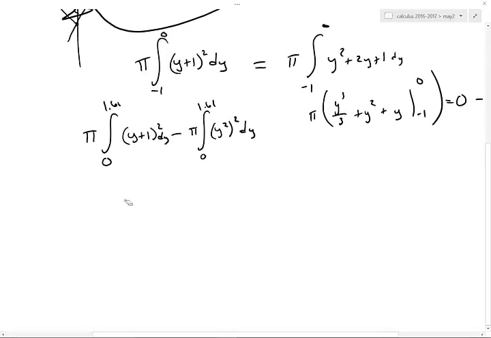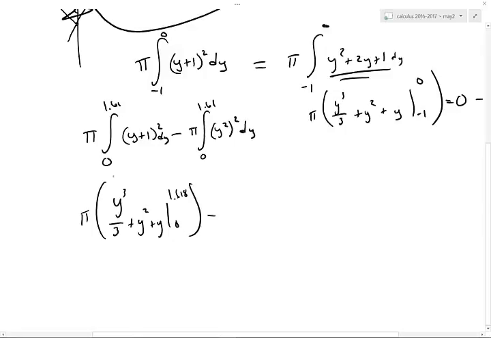But listen, it's going to be the same antiderivative, is it not? That piece is the same. So I'm just going to go ahead and cheat and use it because I feel like it. That's after I antidifferentiate. So from 0 to 1.618 or whatever it was I said, times pi. And then minus, and I'll just put a big pi around the whole thing.